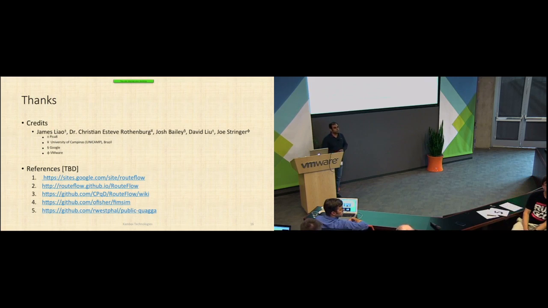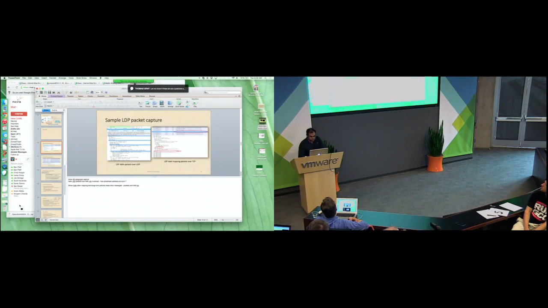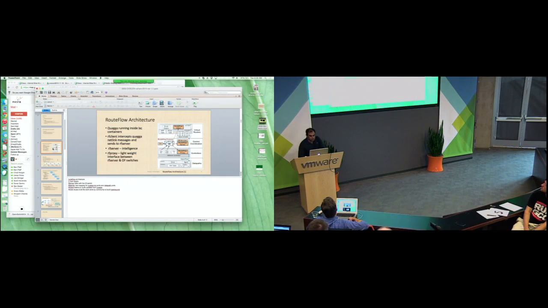This is Roxana from One Convergence. Can you put up the first slide, which had the Quagga, the RouteFlow architecture? I actually have a clarification on that slide. This one? Yes, that one.